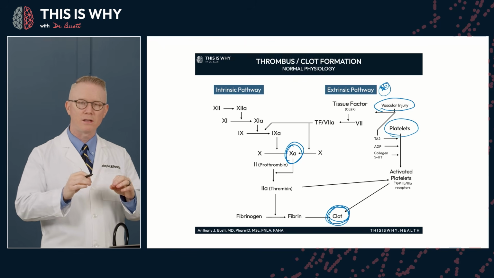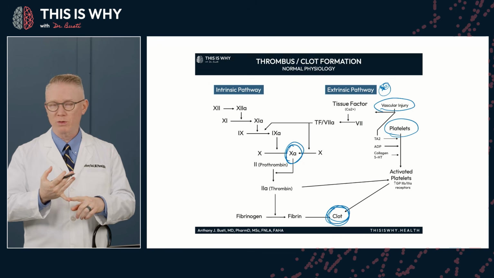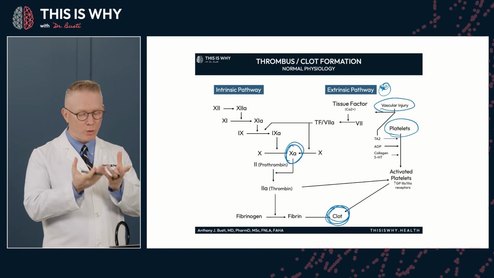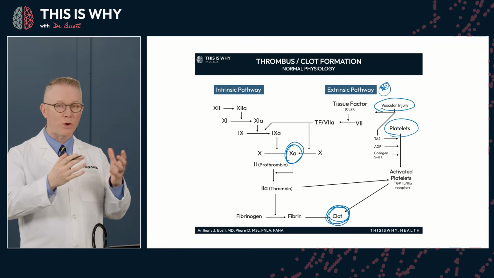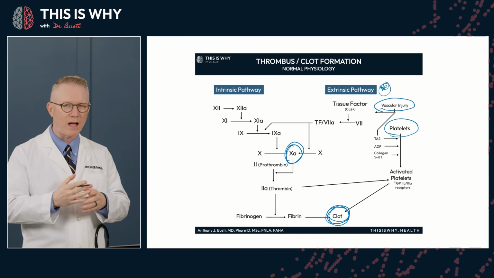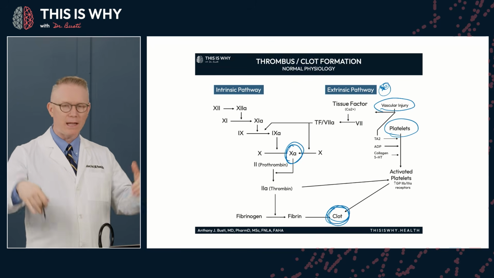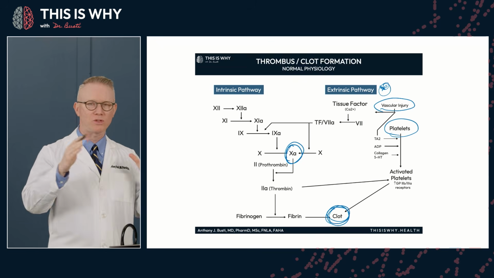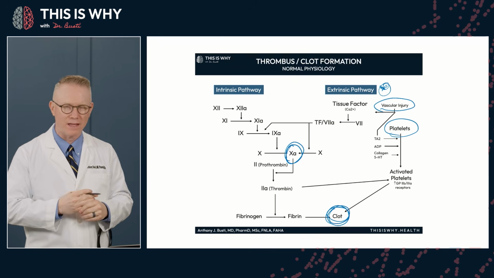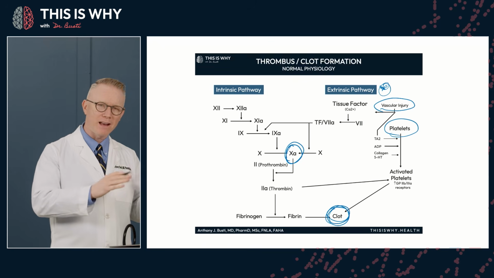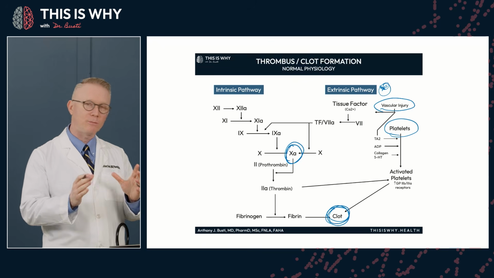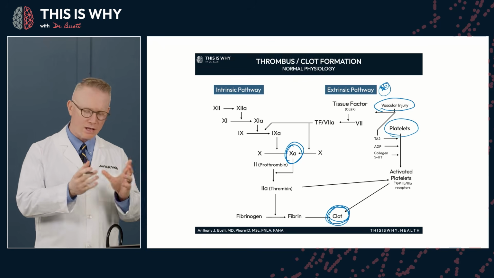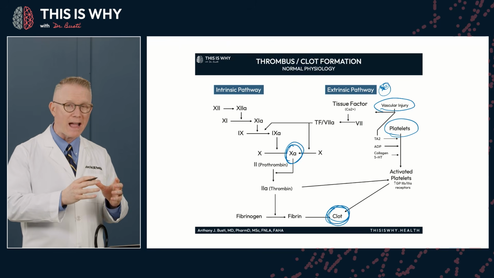In this case, when we think about patients with cardioembolic strokes from the pooling of blood in an atrium, that's more of a venous kind of clot scenario. DVT, PE, those are venous thromboembolic events. The venous side of a clot formation tends to lean more in the coagulation, clotting factors and fibrin.